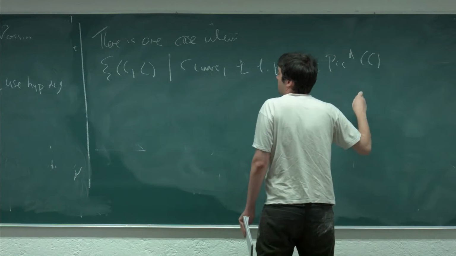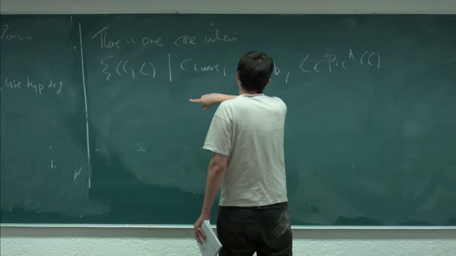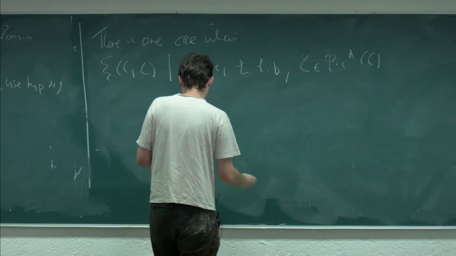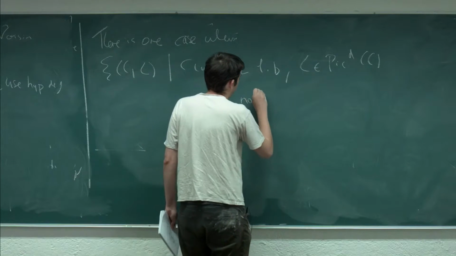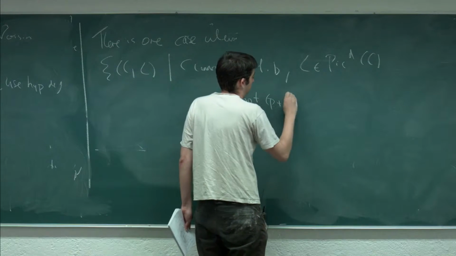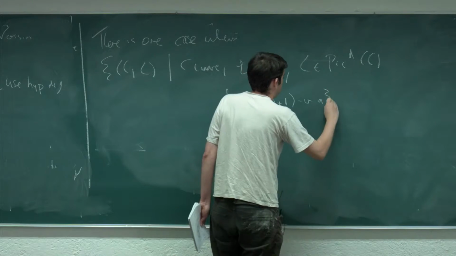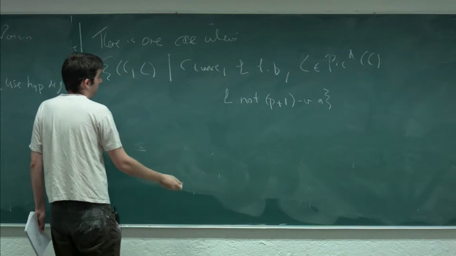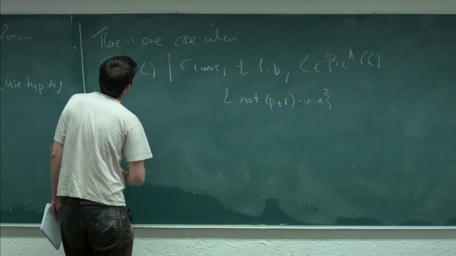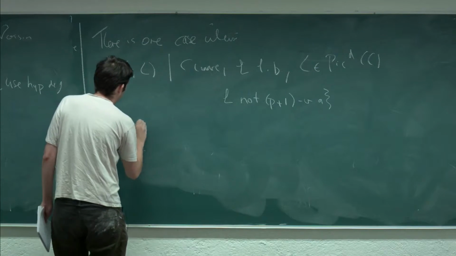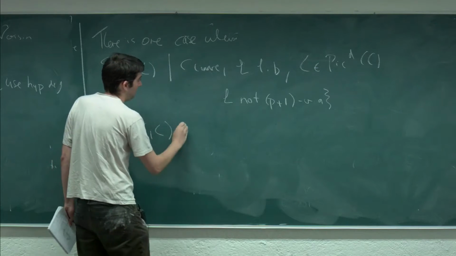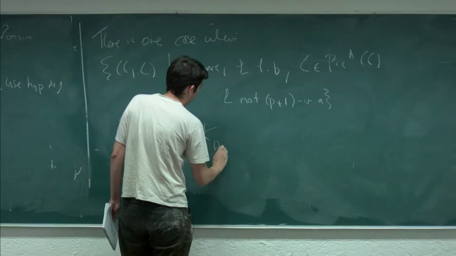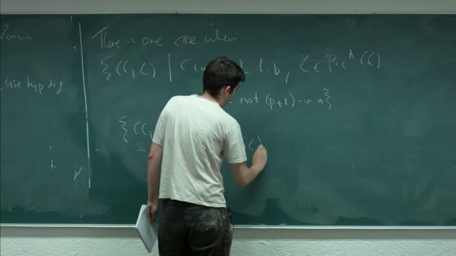So you take the set of pairs of curves of genus G and line bundles of degree D such that L is not P plus 1 very ample. In exactly one case, this will be a divisor, and the same divisor up to a multiplicity as the divisor of curves C, L such that K_{P,2}(C,L) is non-zero.